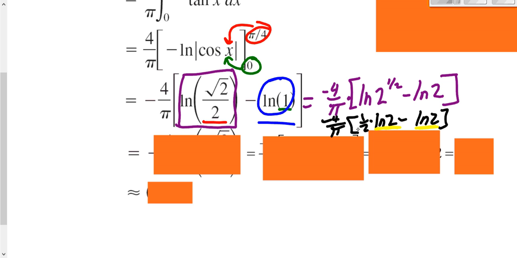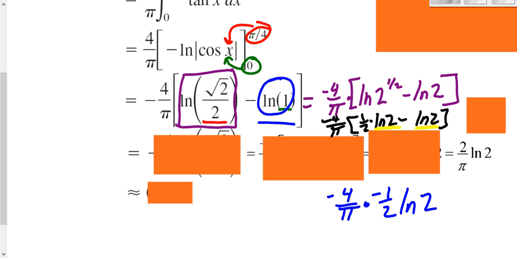So inside the black here, you have a half of natural log of 2 minus 1 of the natural log of 2, which is a negative half of the natural log of 2. So negative 1/2 natural log of 2 times that negative 4 over pi in front. Negative times a negative is positive. The 4 over the 2, you should know it's going to simplify, and we get 2 over pi natural log of 2. And here's the approximation of that also.